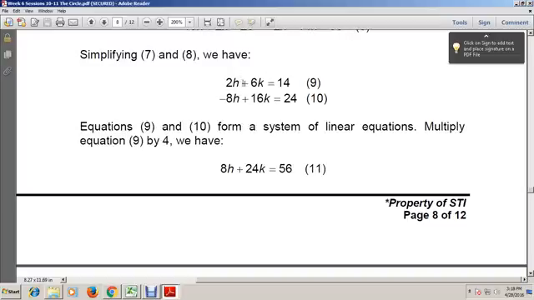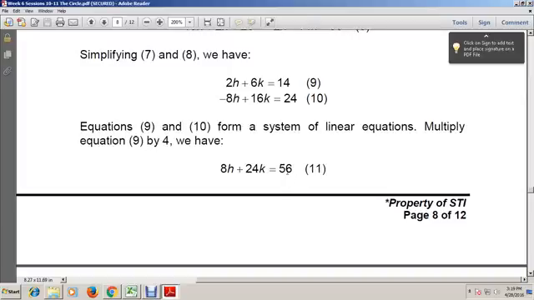Choosing between h and k, it is easier to eliminate h simply because we could multiply equation 9 by 4 to make this 8h, so that it would have the same coefficient as equation 10, but opposite in sign. So what we can do is to multiply equation 9 by 4, so that becomes 8h plus 24k equals 56, and 14 times 4 gives us 56.